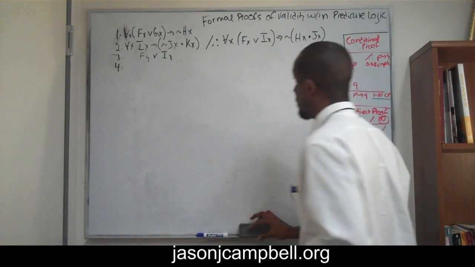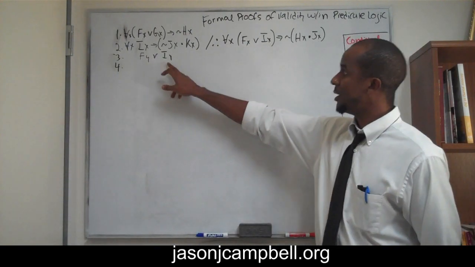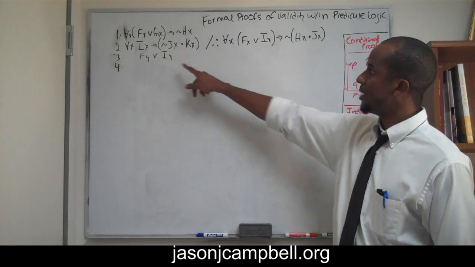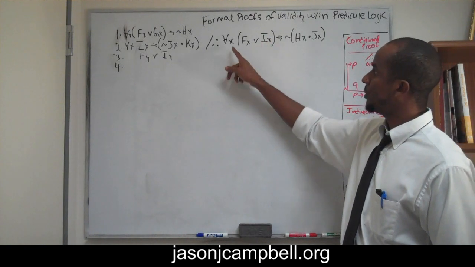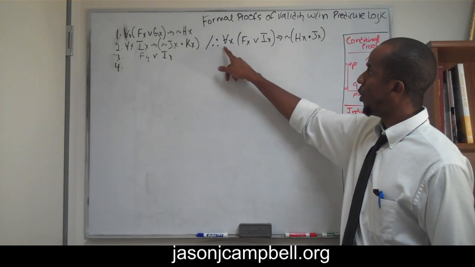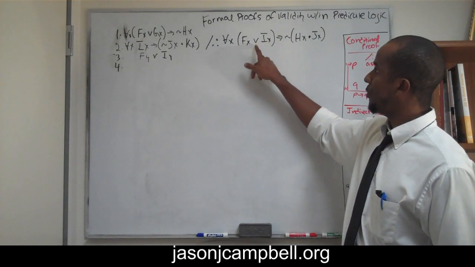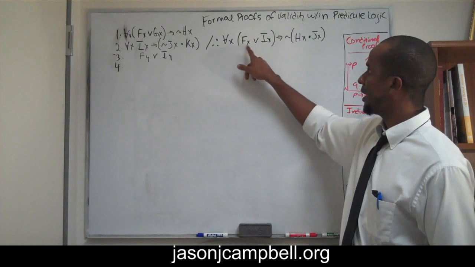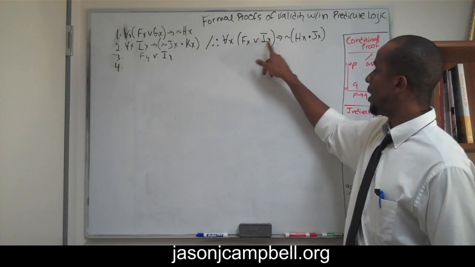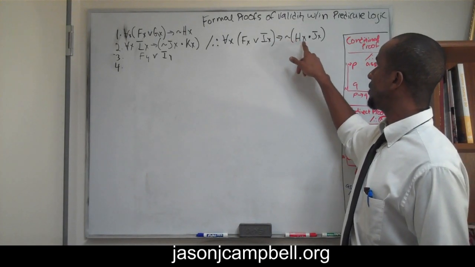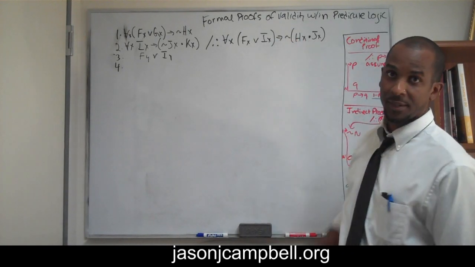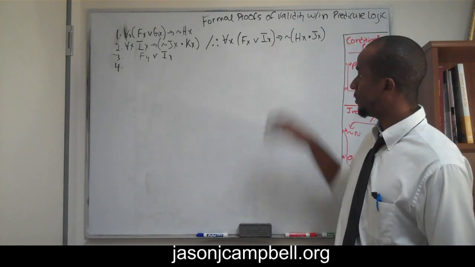Okay. So what I've done here, as you've seen, is made my assumption: Fy or Iy. To be technical, this is saying that for all x, if x is an F or x is an I, then it is not the case that x is an H or x is a J. So that's what we're attempting to do.